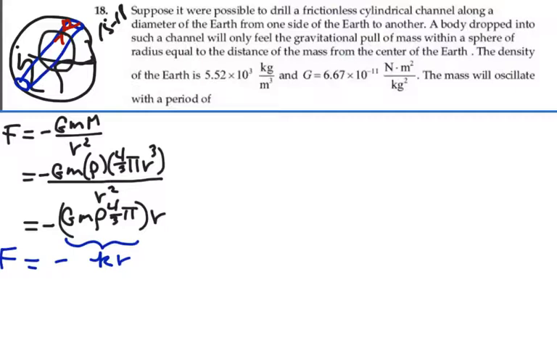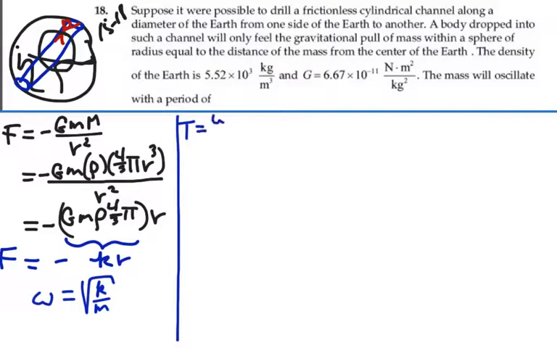And so if we can describe this motion of you falling into this channel like one big spring with its equilibrium at the center of the Earth, then we can describe the angular frequency as the square root of k over m, and then the period as 2 pi over the angular frequency. So the period is going to be 2 pi times the square root of m over k.